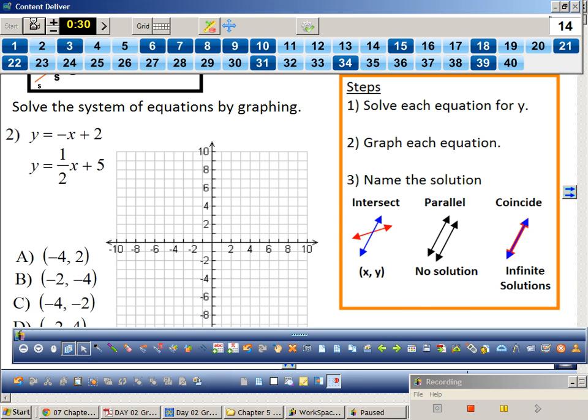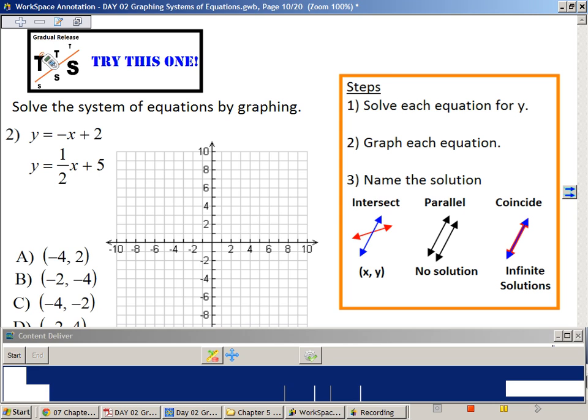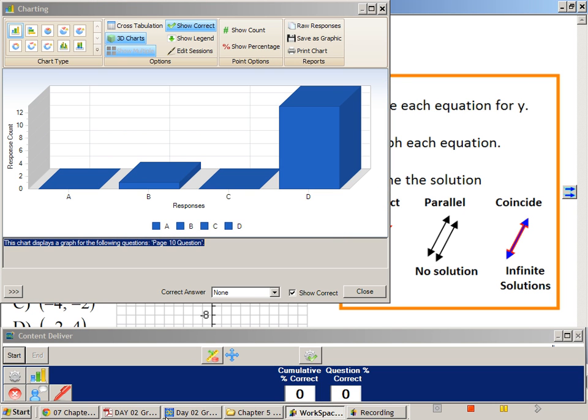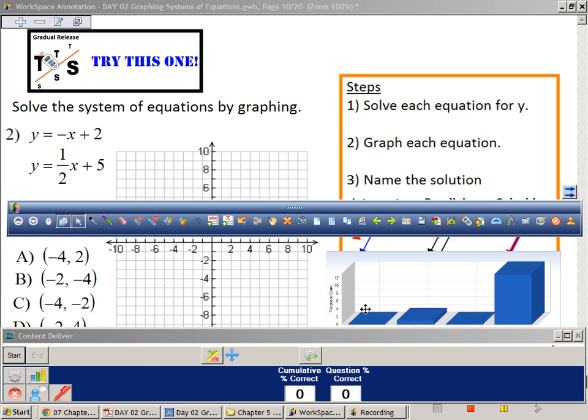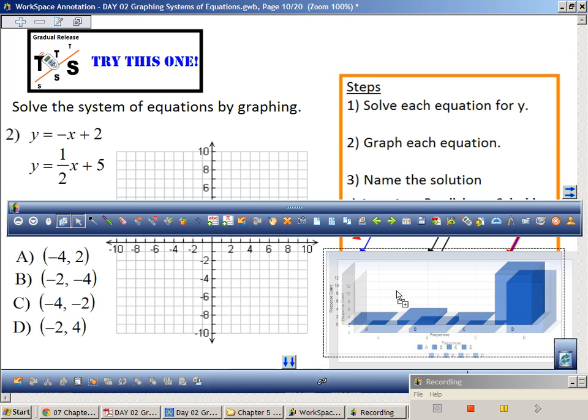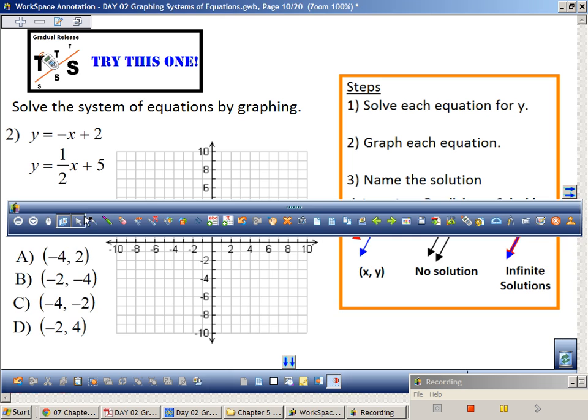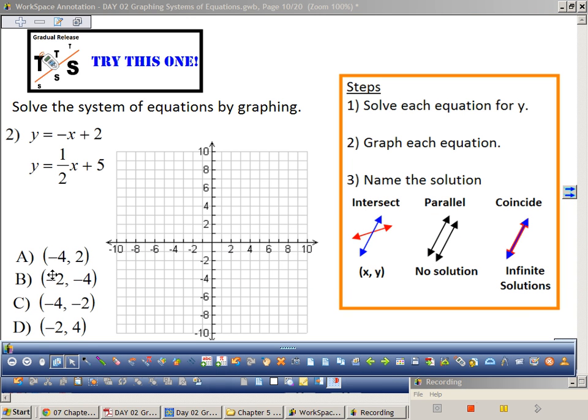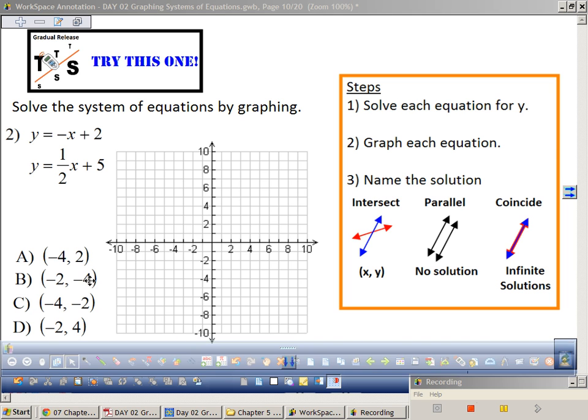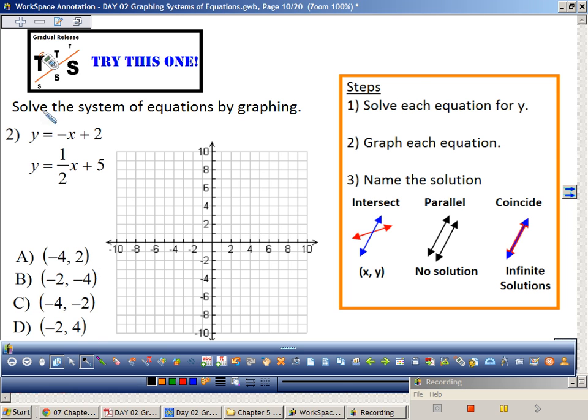Okay, let's see how you guys did. Fantastic. One person got B. Let's see why. So, thought it was a negative? Okay, let's do this together. So, I start at 2 on this one. Let me change my color.